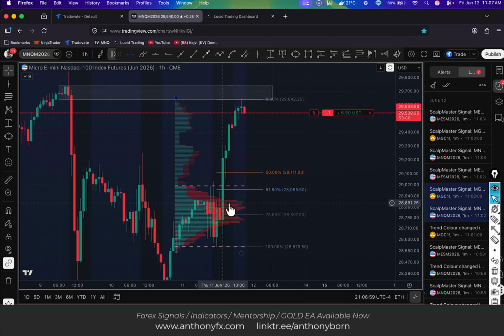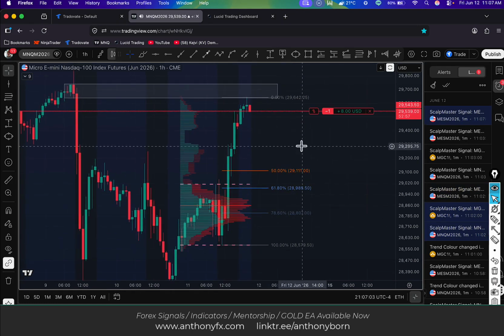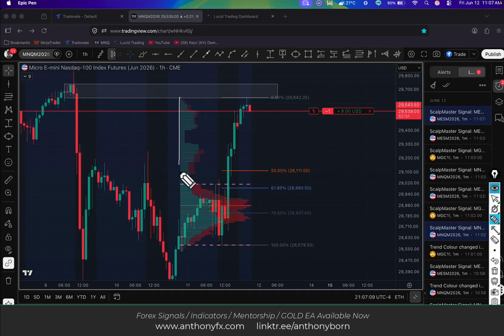So what you've got here is what's called a B-shaped volume profile, and it's really thin up in here. This was late into the New York session. It rallied, and what that rally is, in my opinion, is this. You've got a lot of sellers short here.